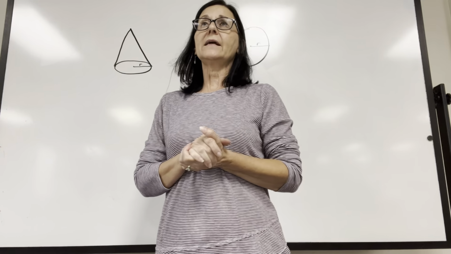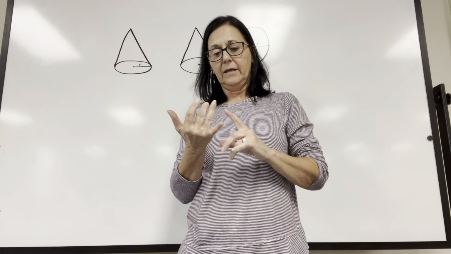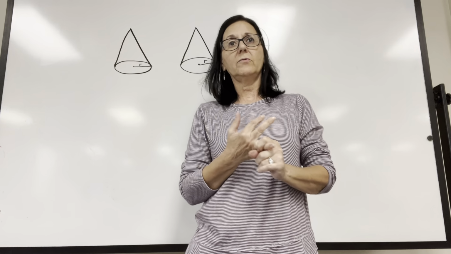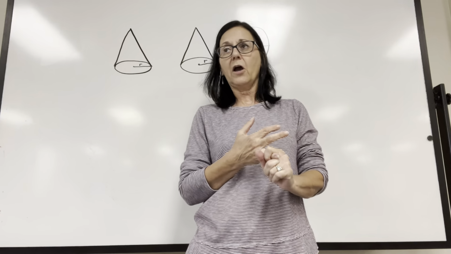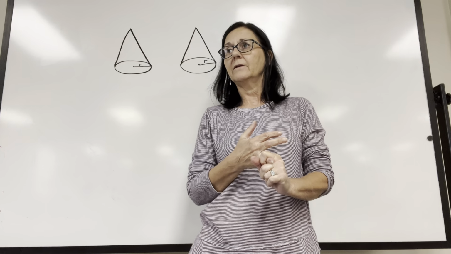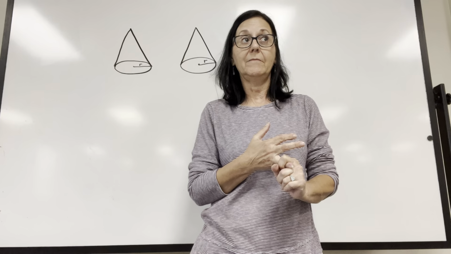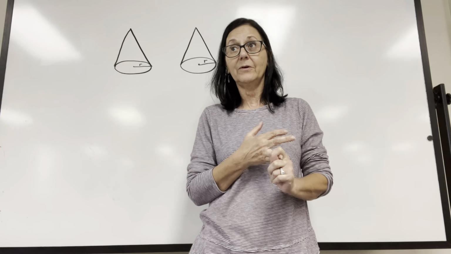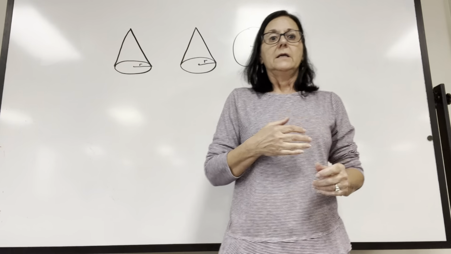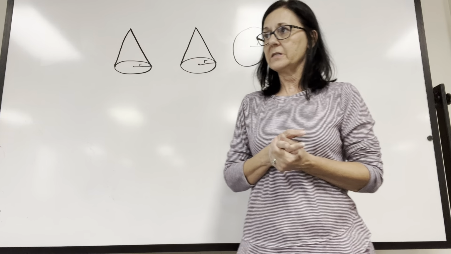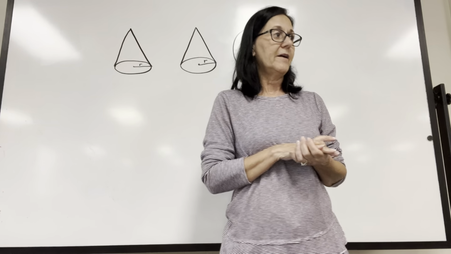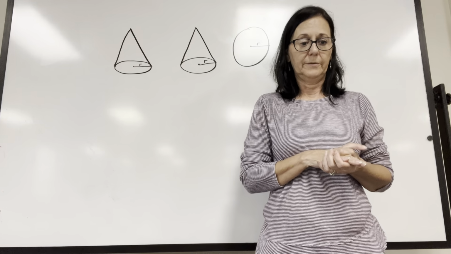If we have an apex, then it's either a pyramid or a cone. And when I say pyramid and cone, you're thinking 1/3 the volume. Are you thinking that yet, people? 1/3. A cylinder is just like any other prism: area of base times height or altitude.